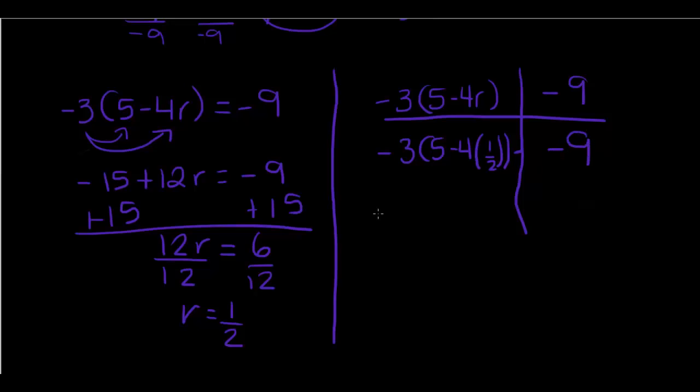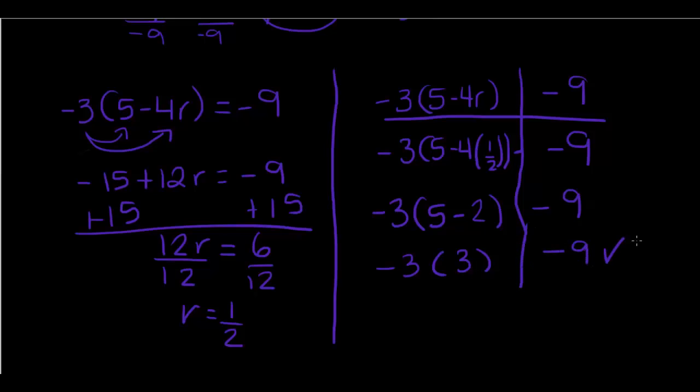Okay, so negative 3 times (5 minus 4 times 1/2). 4 over 2 is 2. Then 5 minus 2 is 3. And negative 3 times 3 is negative 9. Negative 9 equals negative 9. That means that is the correct answer.